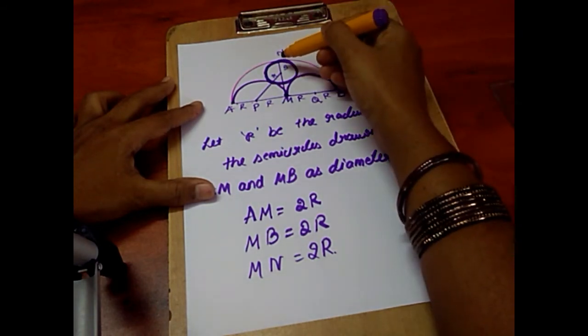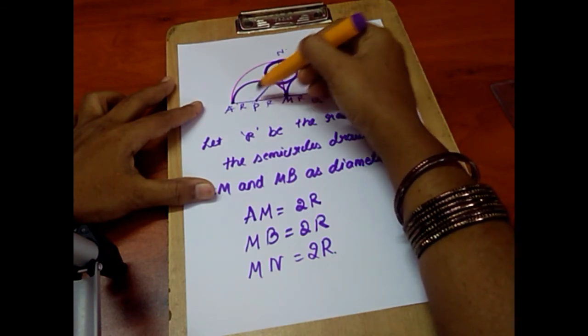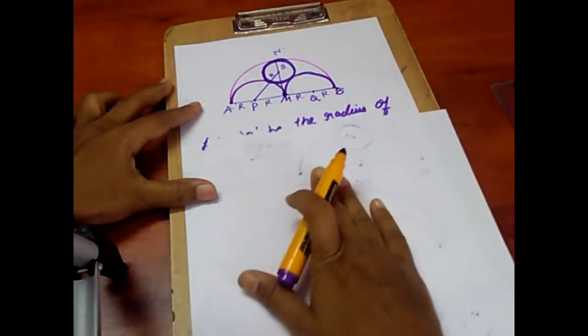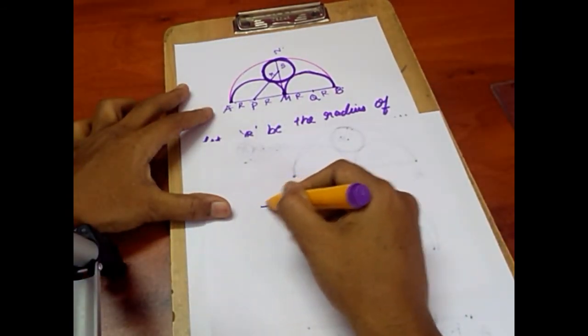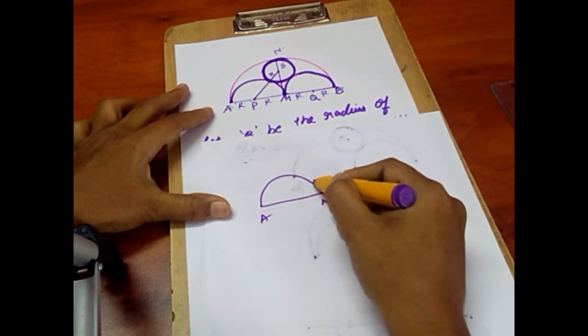Now, we have drawn a line from S, the center of the small circle, and join PS. Now, for the semicircle, here AM is a semicircle.